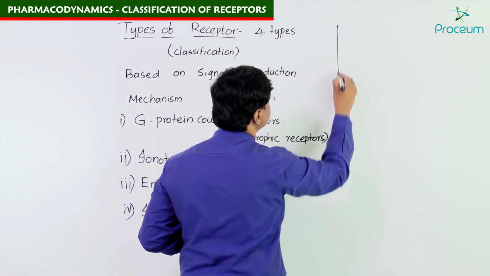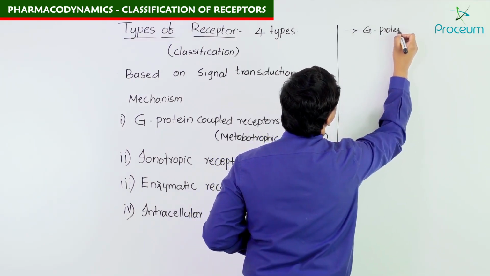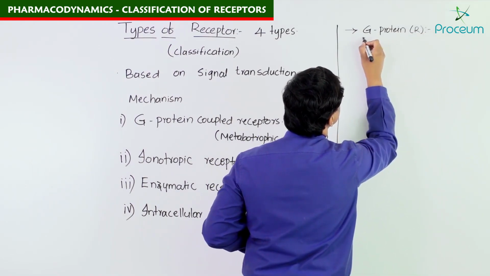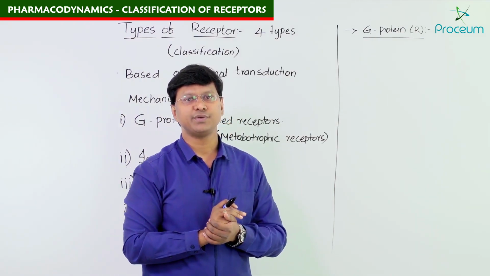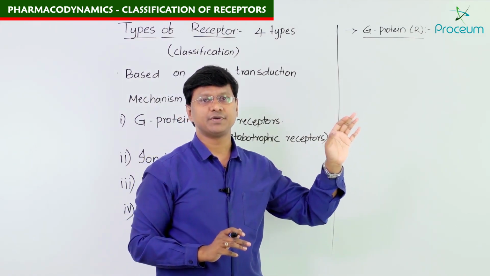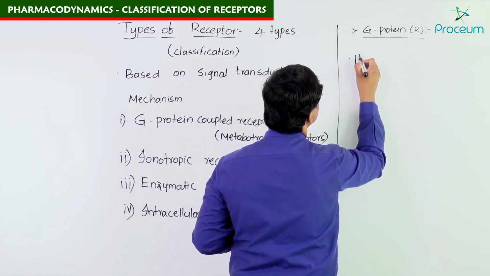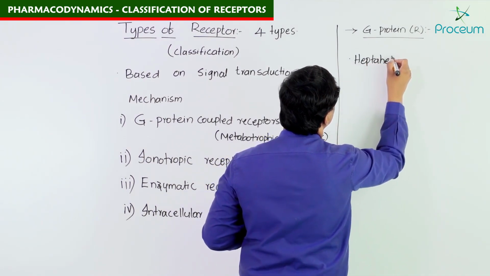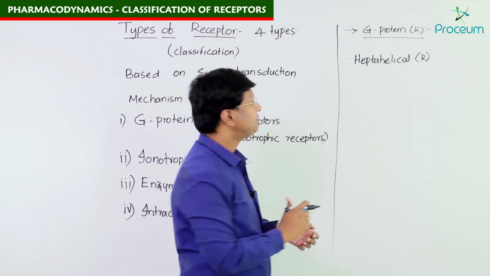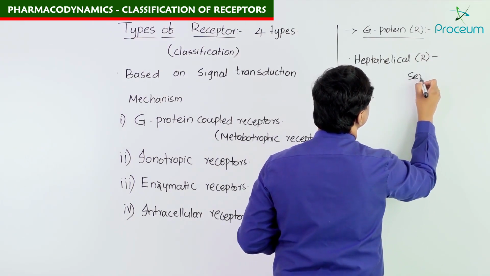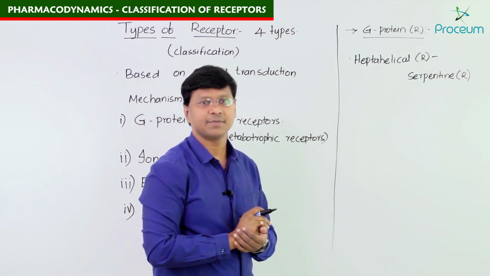Now first and foremost, a very important point you should remember here is, these G protein coupled receptors are heptahelical receptors, which are also called serpentine receptors.